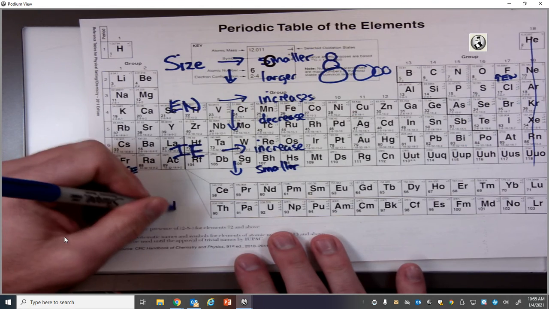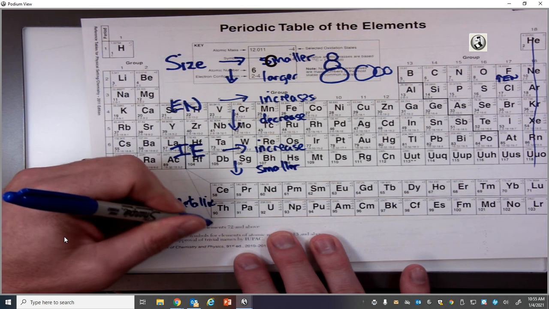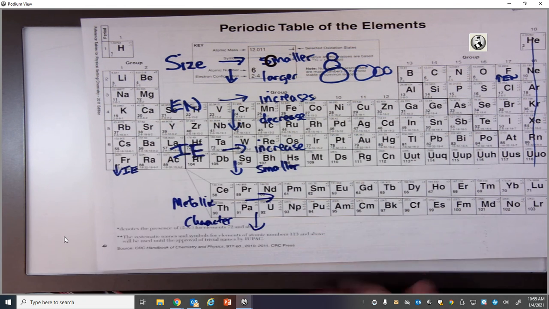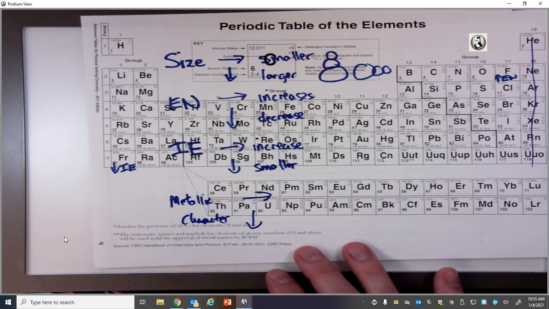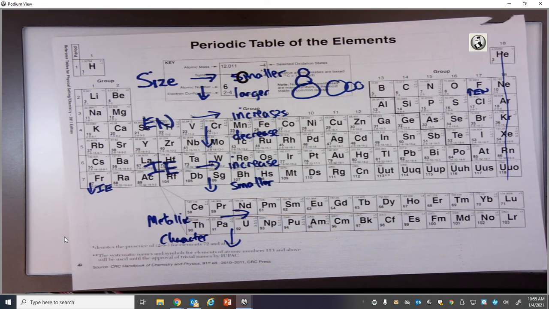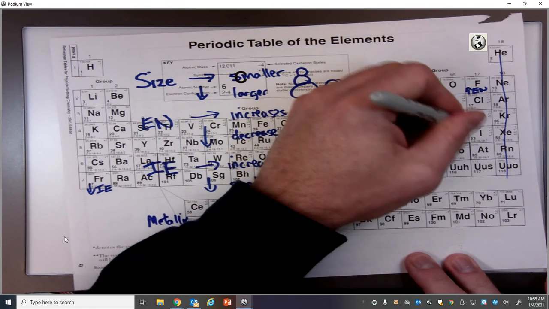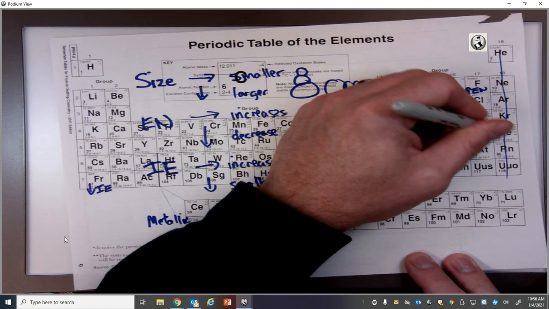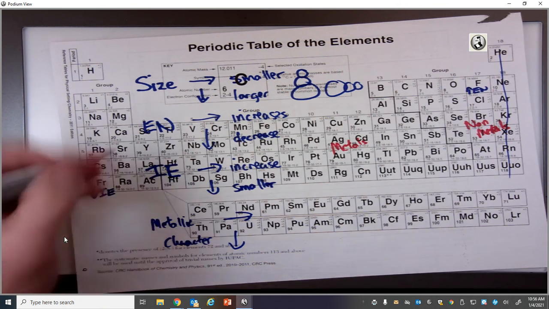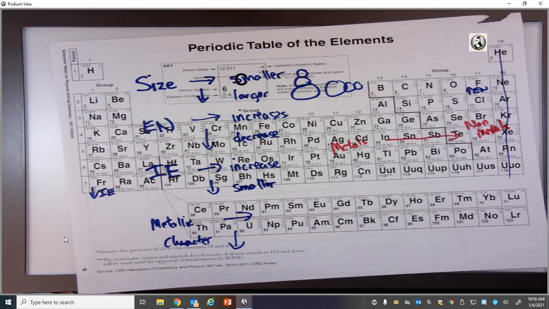Then we're going to talk about metallic character. As you go across the period and down a group. All right, as you go across the period, the metallic character. If you think about these things here, I'll write it in different colors. Generally, you have metals here, and generally over here, nonmetals. All right, so as you go across the period, think about it, metals to nonmetals, that's a decrease in metallic character.